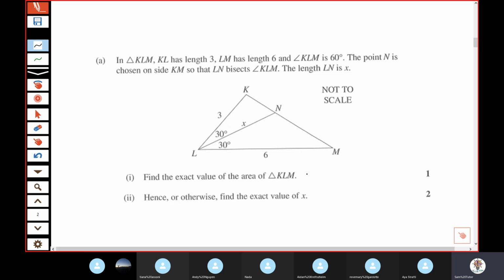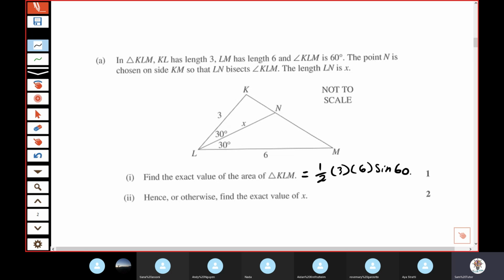All right, what's the area of a triangle? Now, second paper, you should be pretty comfortable with the area of a triangle. This time, half ab sine C. Sine 60 is root 3 on 2.